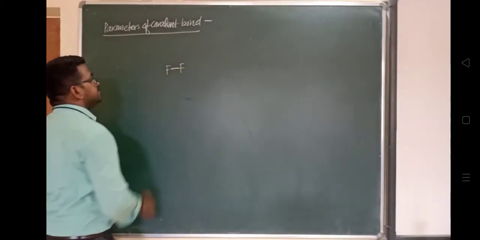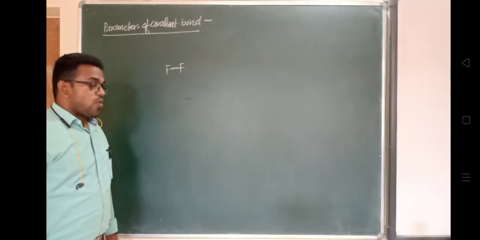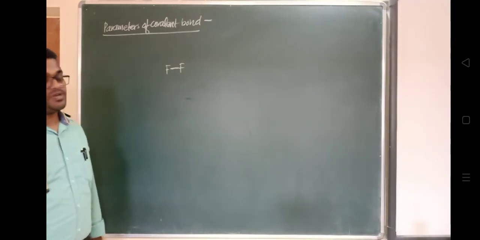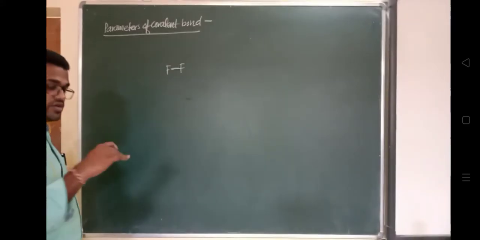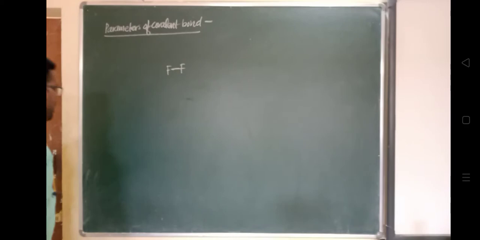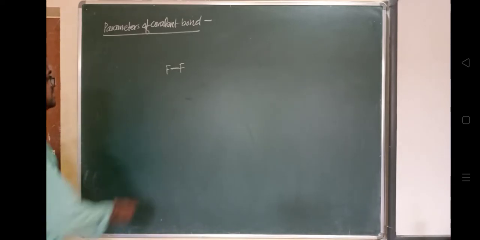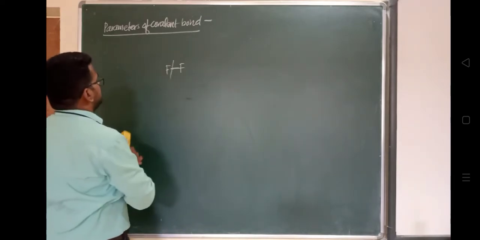Another parameter is the bond angle between these two different atoms. What is the angle? Then the amount of energy, the bond enthalpy, is the amount of energy required to break this bond.